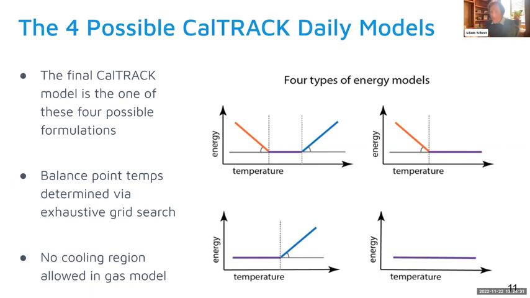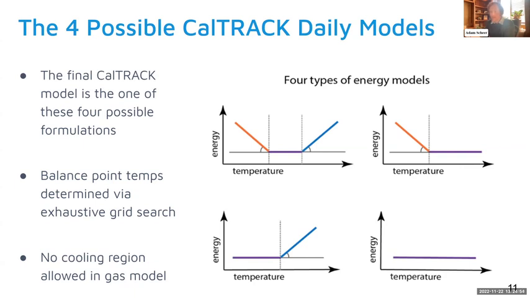A model like that, you might expect for a customer that, for example, has electric heating and electric cooling, or has a reason that their energy consumption increases in the wintertime as well as in the summertime when the temperature gets cold and when the temperature gets hot. So this is fundamentally the way that the Caltrack Daily model is formulated.